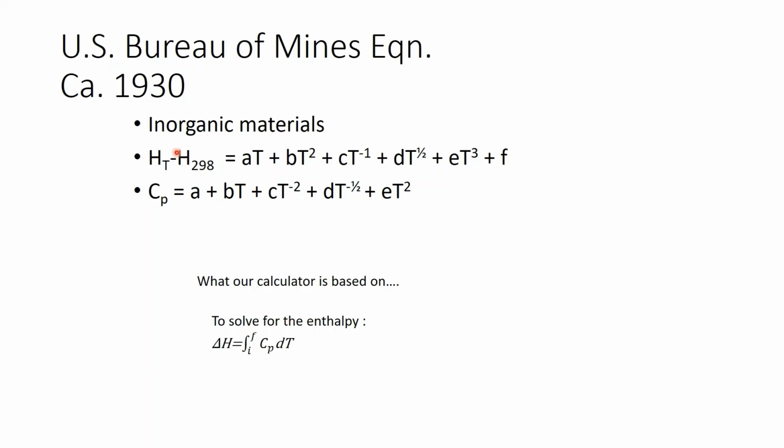And so for inorganic materials, your enthalpy form is AT plus BT squared plus CT to the negative 1 plus DT to the 1/2 plus ET cubed plus F, which is always a constant. At different states, you may use one or more of these A through F coefficients.